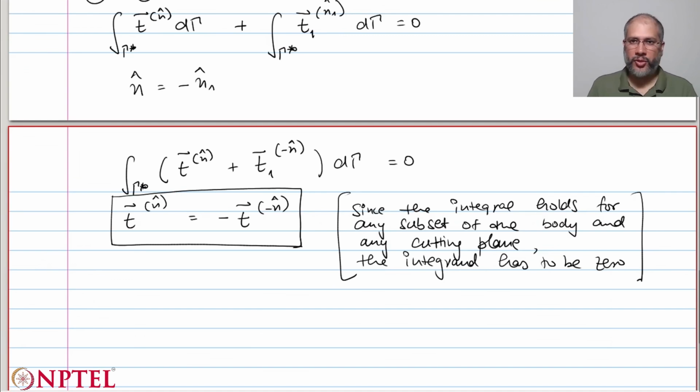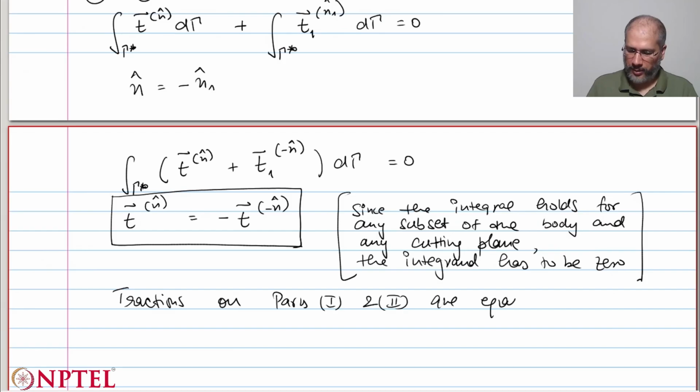So this can be stated in words: tractions on parts 1 and 2 are equal and opposite. This is an important relation and we must remember this.